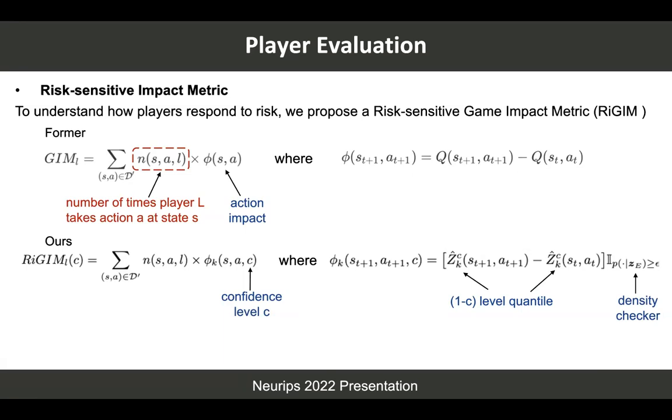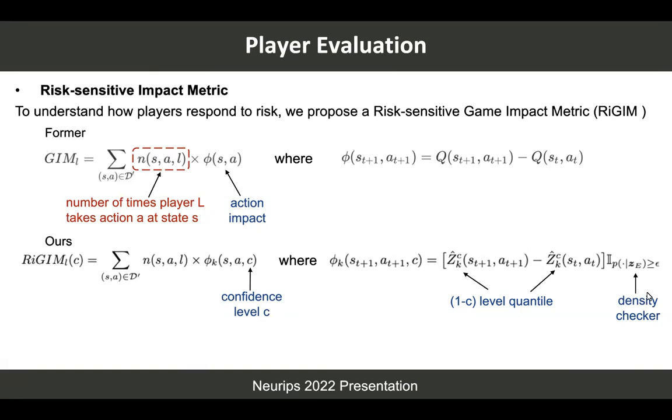Similarly, here we can define a risk-sensitive player evaluation metric. The definition is pretty similar. The only difference is we replace the action impact with a risk-sensitive term. We give a confidence level C, and our risk-sensitive action impact is defined as the 1 minus C level quantile value difference between two consecutive actions.